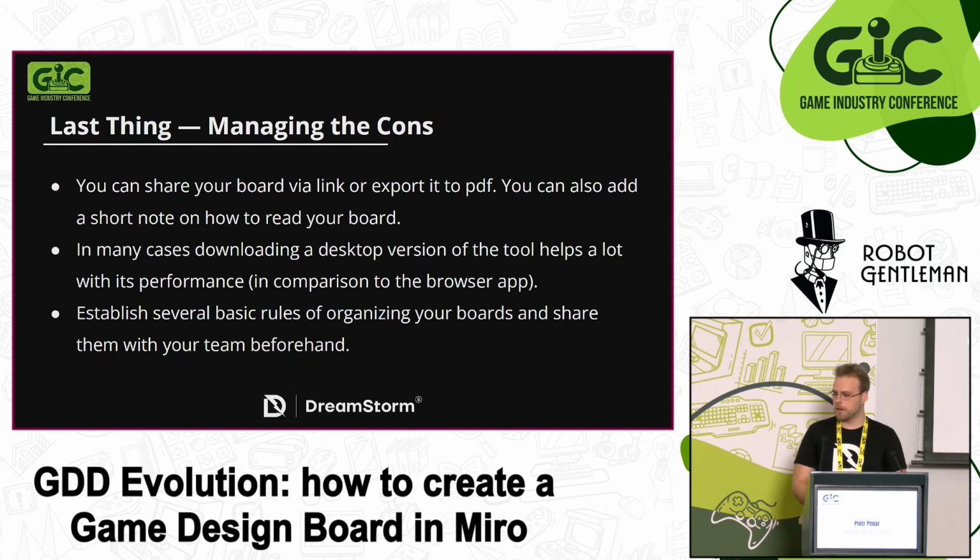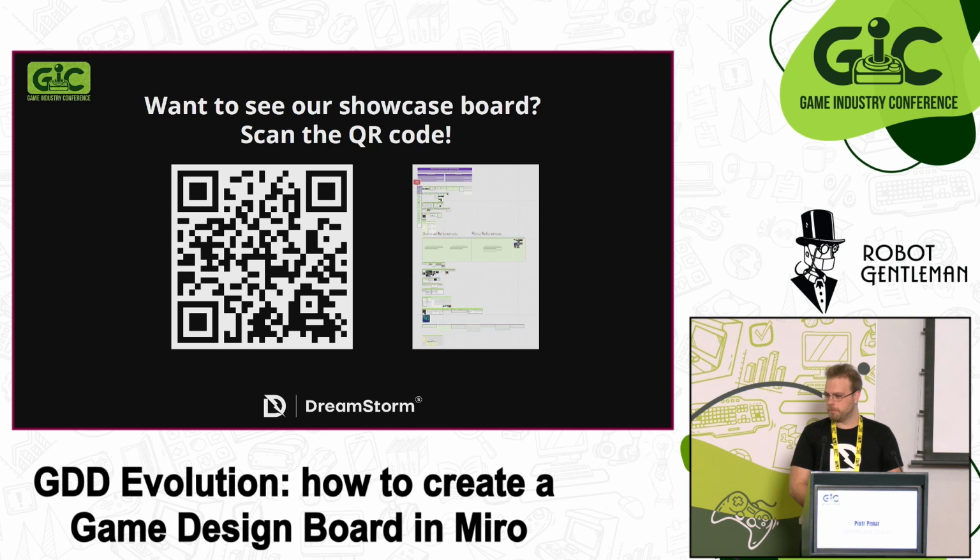And in order to not get lost in the process, it's best to have several rules for the team that they have to obey in order to keep the board clean. So we prepared an example board that I showed you in the form of a publicly available board.